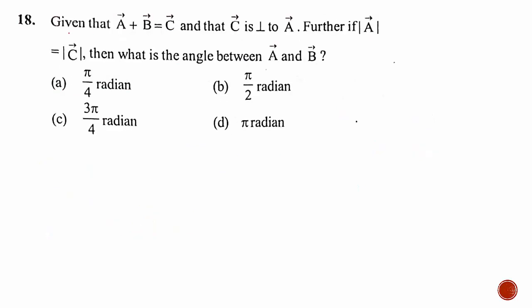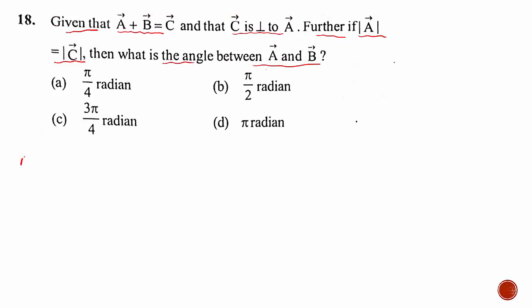18th question. Given that vector A plus vector B equal to vector C and that vector C is perpendicular to vector A. Further, if mod of vector A is equal to mod of vector C, then what is the angle between A and B? Observe the conditions carefully here.